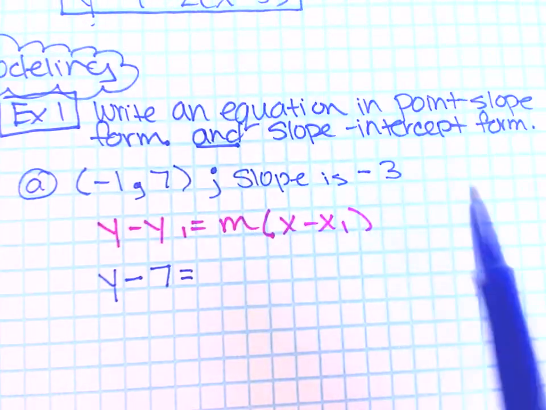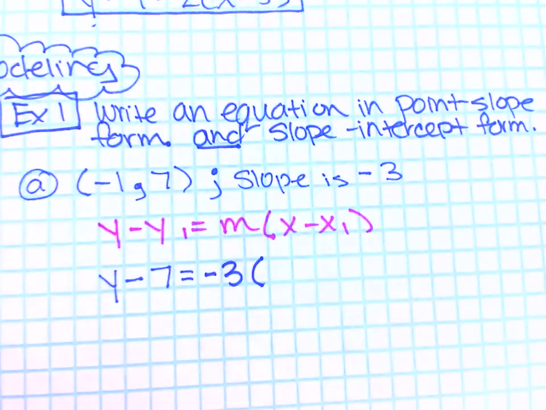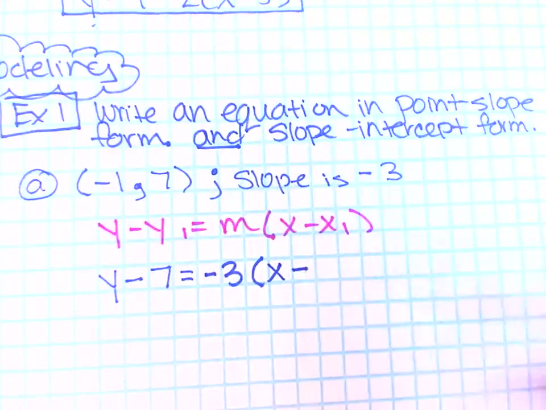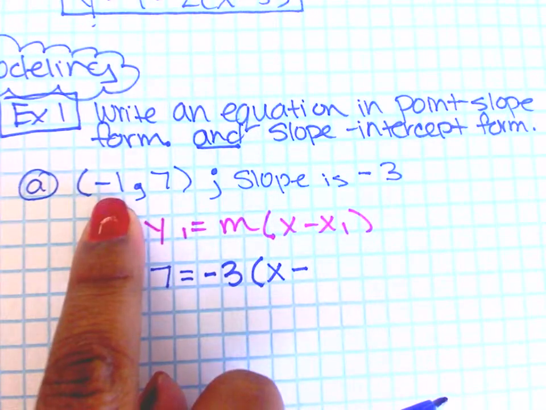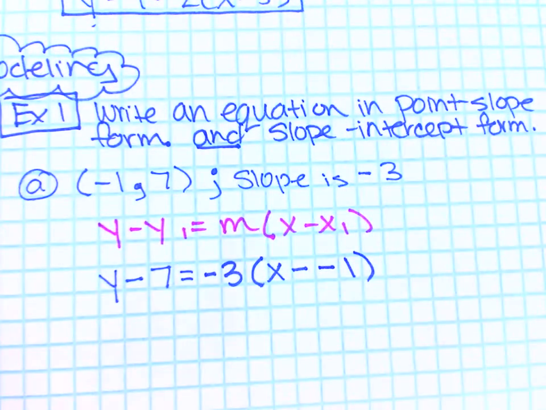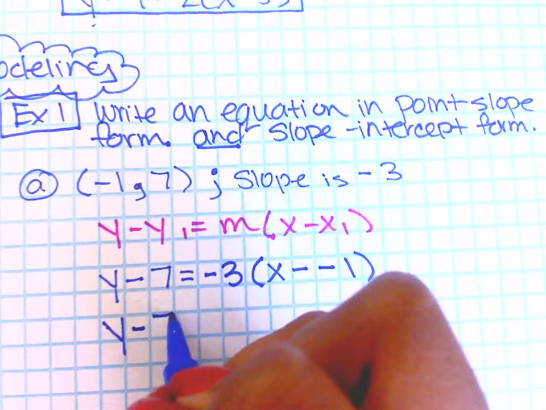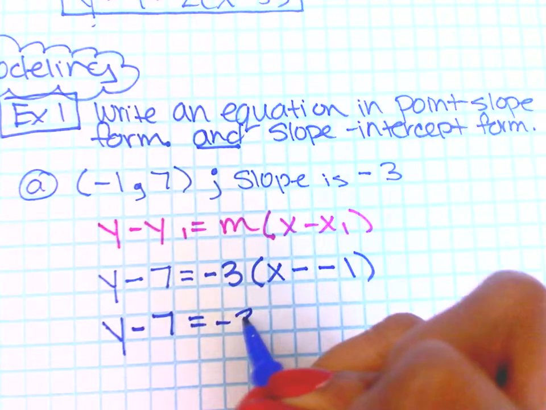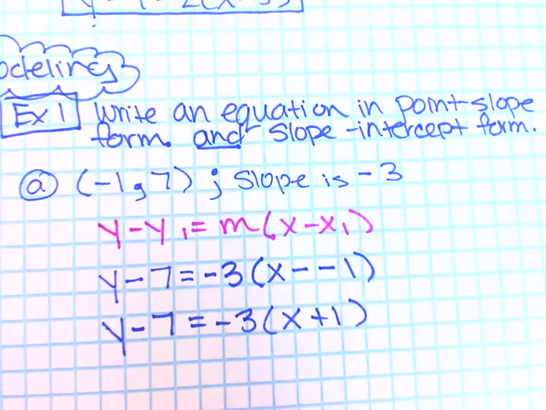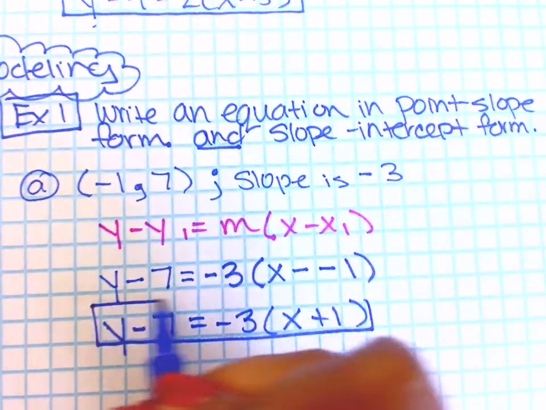They told me the slope was -3. -3 times the quantity, because again, I want it to look exactly like this, x minus my x1 is -1. Uh-oh, there are two negatives next to each other. That means it's a positive, so we need to change that. y minus 7 equals -3 times the quantity of x plus 1. So there's my first answer in point slope form.